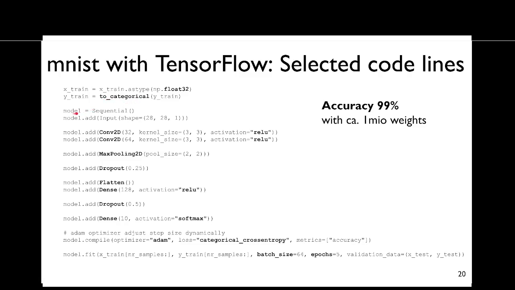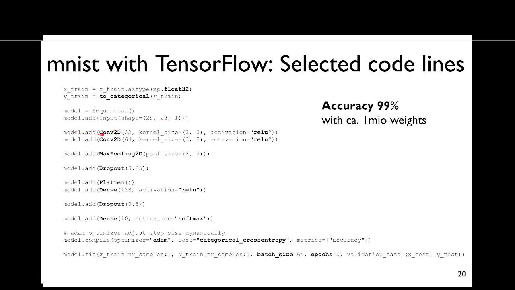Then we start by defining our model, which is sequential, in contrast to other neural networks that are non-sequential, and our input shape are 28 by 28 pixels, and since they're grayscale, we have a 1 here. If we had RGB values, this would be 3.